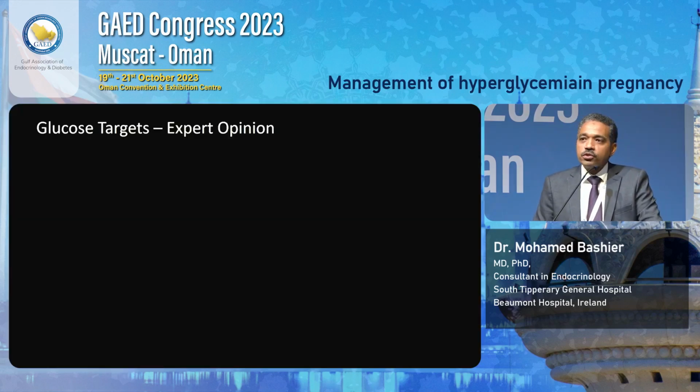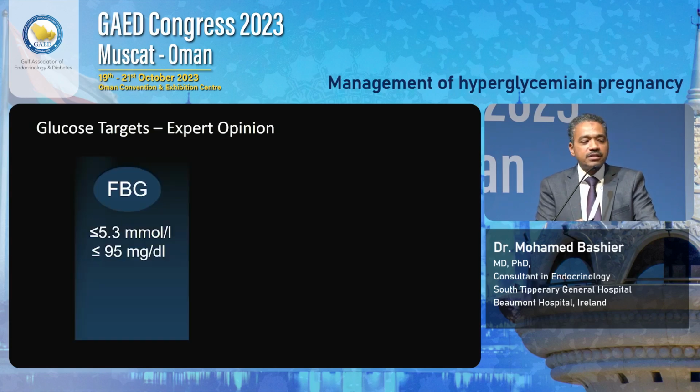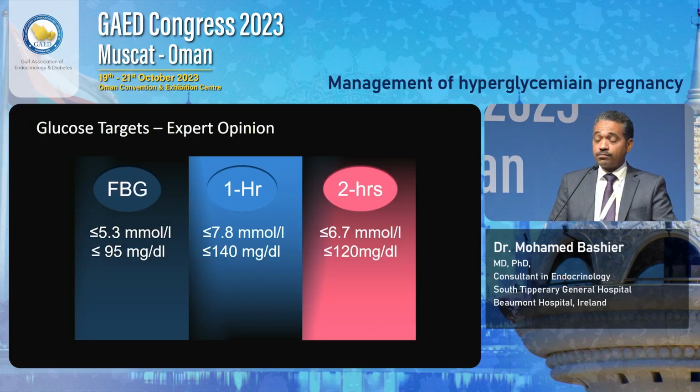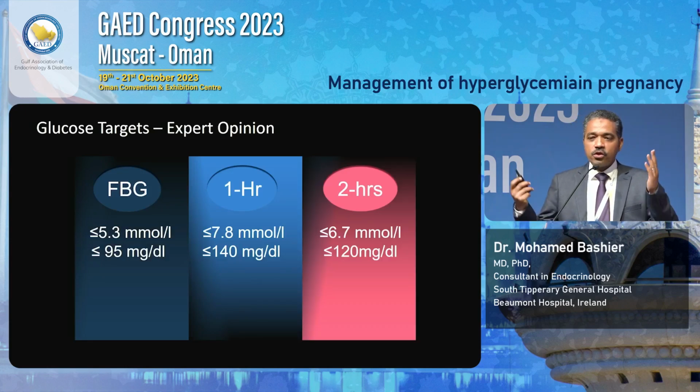So what are the glucose targets we should aim for? It's the ADA targets of a fasting of 5.3 millimoles per liter and a 1 hour of 7.8 or 2 hours of 6.7. You can pick and choose which one you want to work on, 1 hour or 2 hours. Very equivalent. People can argue and make a case for either of them, but go with whatever you're used to.